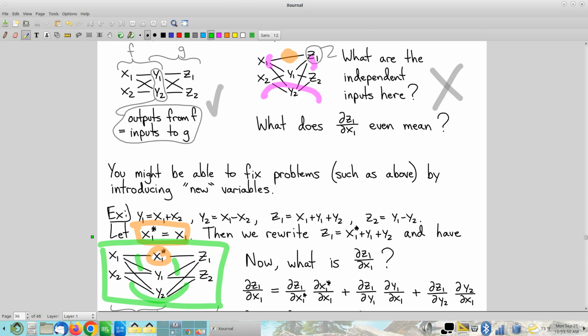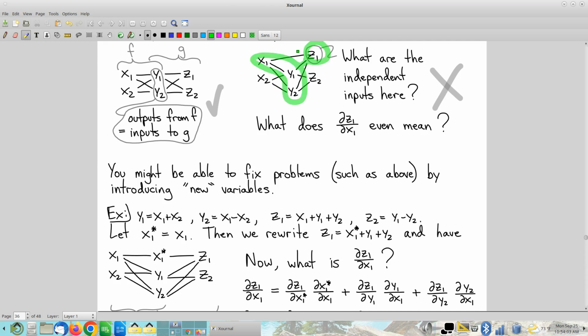Now, things look a little different when you do this. Let's look, for example, at this Z1 business like we were before. Z1, previously, I was like, that's weird. Z1 is a function of those. Wait, is it? Oh, but those aren't independent. What's going on? Now, Z1 doesn't depend in part on x1.